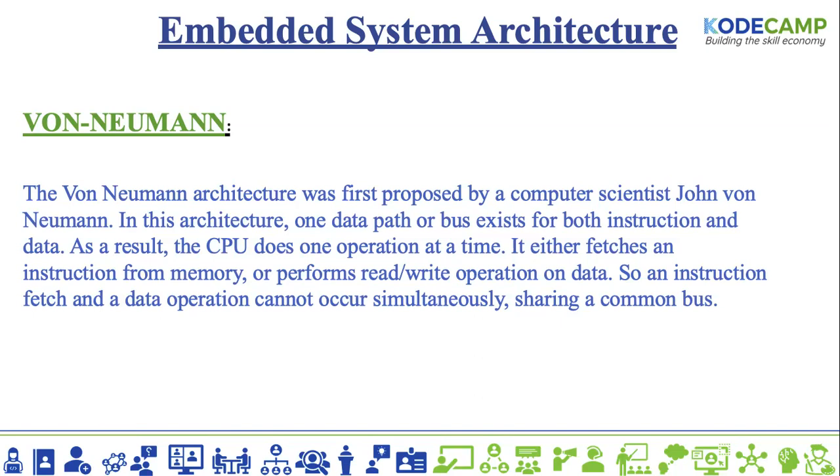What it does is that it reads and then waits and later on it writes. It's just like when you're in a class and the lecturer is dictating some notes to you. What you do is you hear and then you write. That's what the von Neumann architecture is all about.